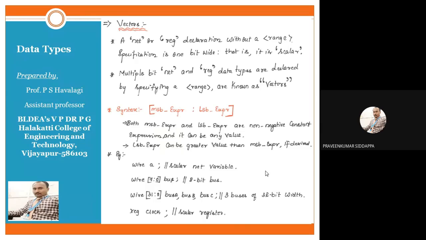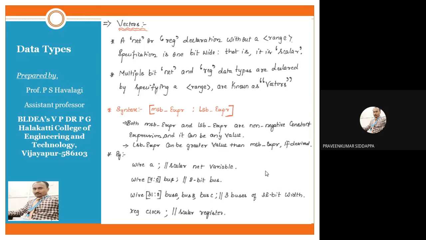Is it clear? Next, about vectors. Multiple bit net and register data types are declared by specifying a range.